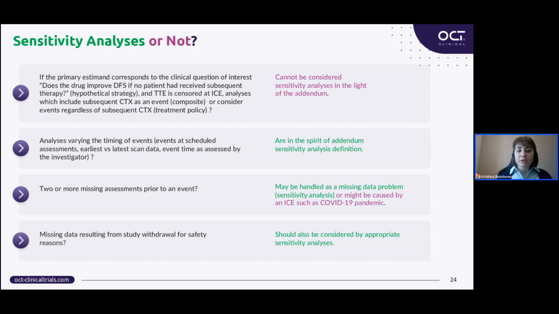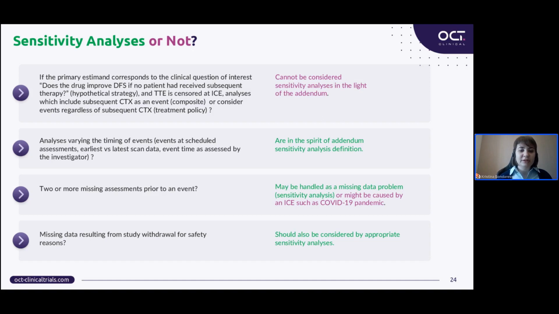Third, here we see a very commonly used question of how to deal with the event registered after several missing assessments. So, could we address this question with a sensitivity analysis? And the answer could be twofold.